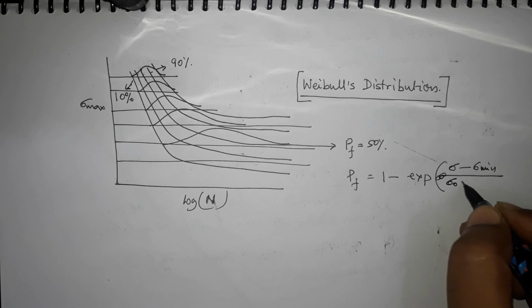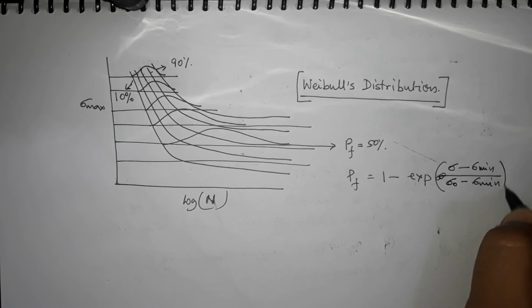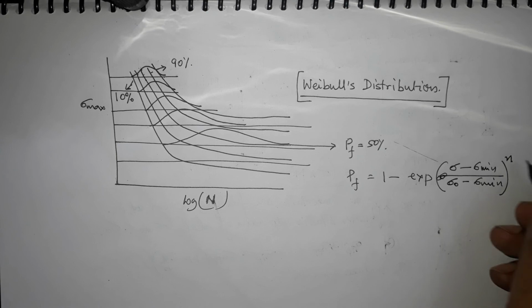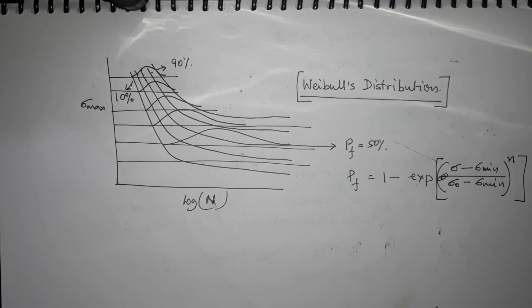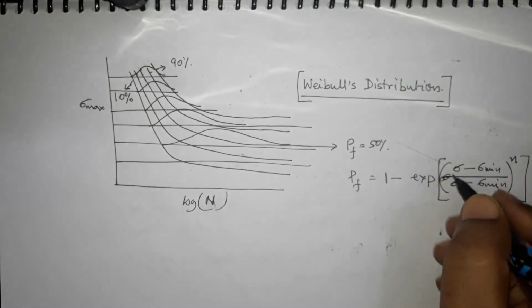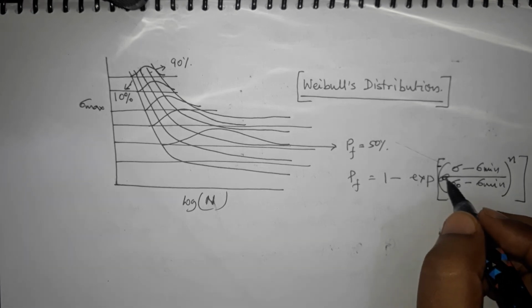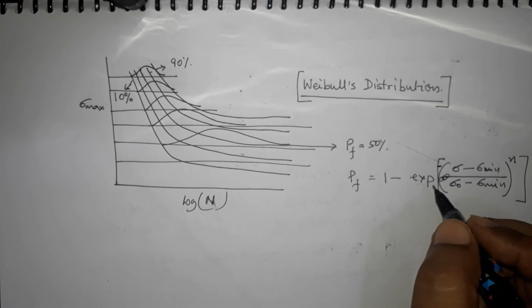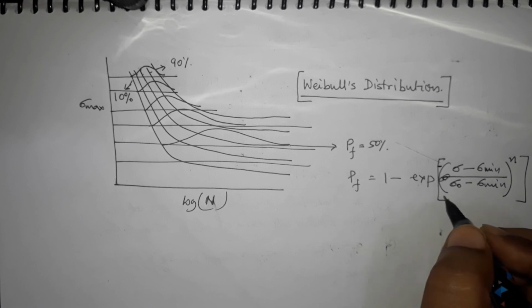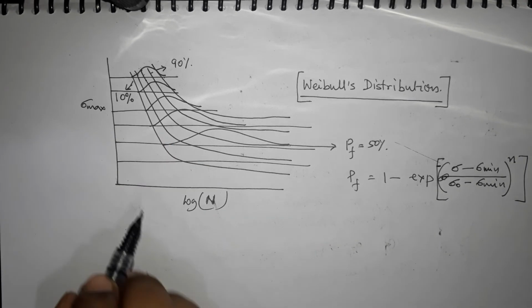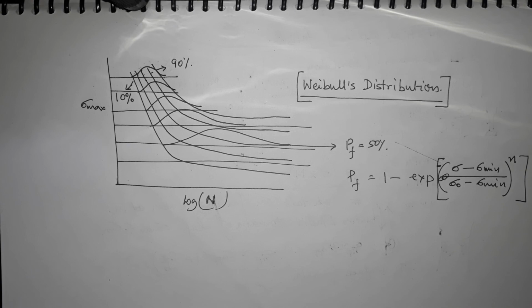So it can be sigma naught minus sigma minimum, and this can have a power n or m or something. Usually we have this kind of equation for probability distribution, and this will have a negative sign inside. Such a probability distribution function can be used for defining the probability of failure in fatigue.